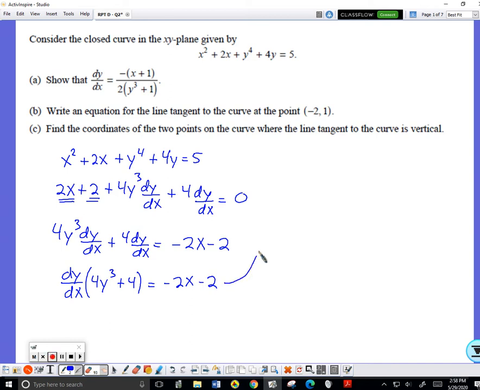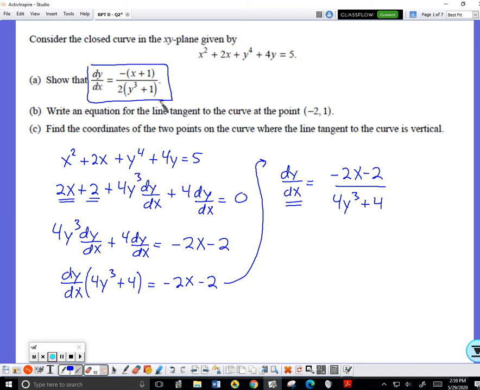Divide. We get dy/dx equals negative 2x subtract 2, over 4y cubed plus 4. Now if the problem had said find dy/dx, we could quit, but it said show.